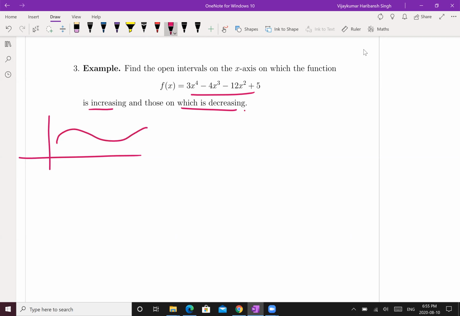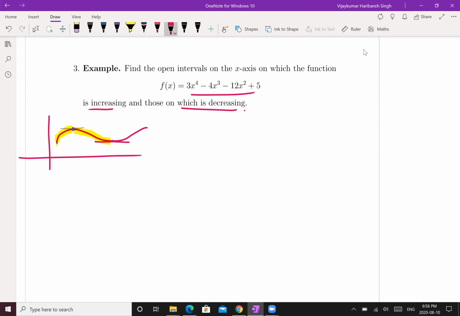From here to here, the function is increasing, but before it starts decreasing, the derivative has to become 0. And then it starts decreasing, and before it starts increasing again, the derivative has to become 0.